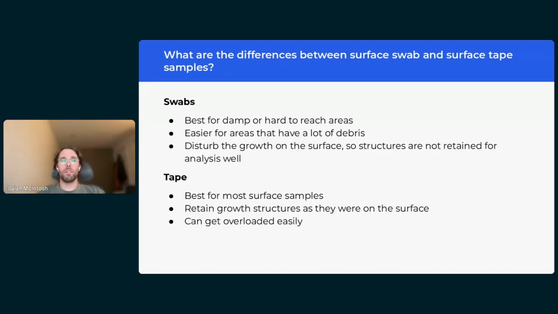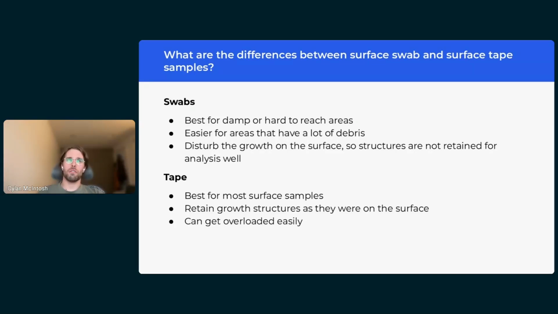Now, they're not perfect because they can get overloaded easily. If there's dust, debris, soil, fine gravel, things like that, it will overload that tape slide, making it very hard to analyze, which is where swabs are very helpful. They're easy because you can get to hard to reach places because they're so skinny and long. If the surface is very wet, you'll have a hard time using tape on it.